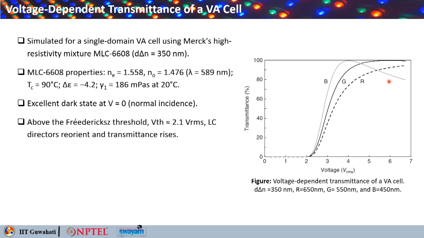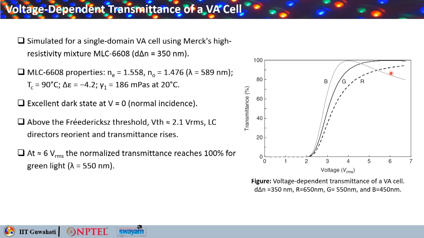And then what you see is that around 6 volts RMS, the green channel transmittance saturates to almost 100 percent. But note the blue and the red.